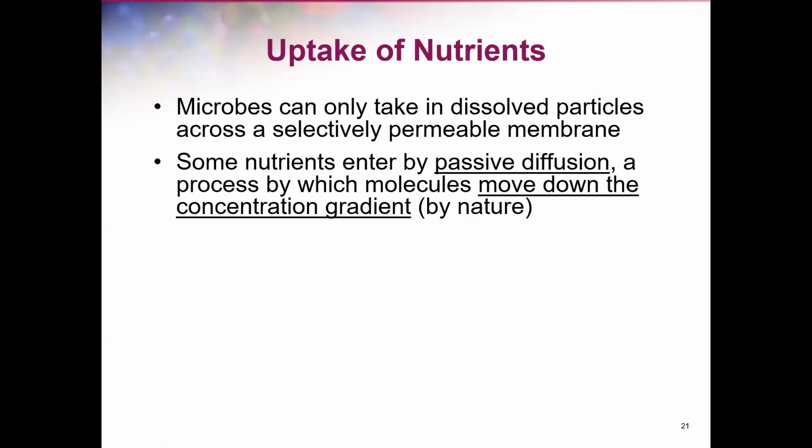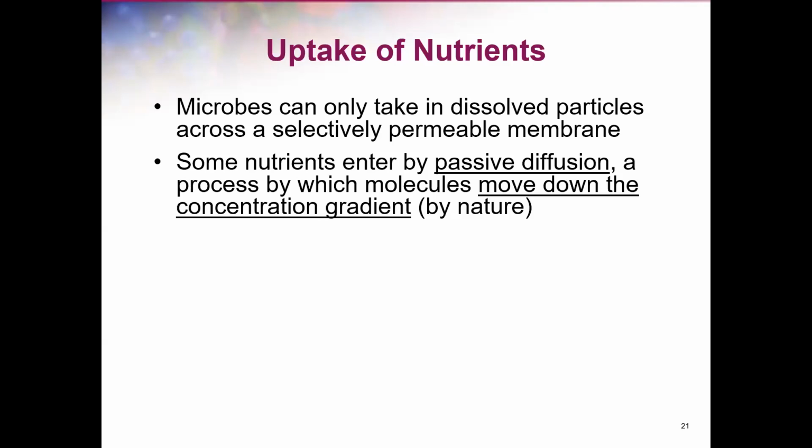And then we talk a little bit about the uptake mechanisms for nutrients. This is a basic physiology process. We all know what happens in nature when you drop a little bit of sugar or salt in water: it diffuses right away to reach equilibrium. This phenomenon we call passive diffusion.